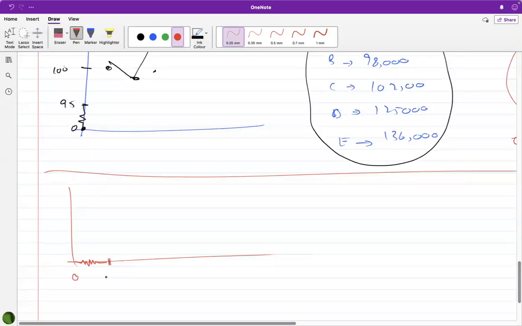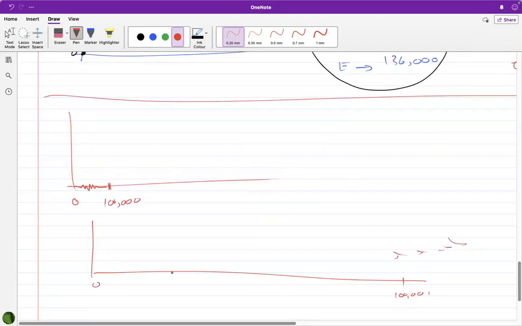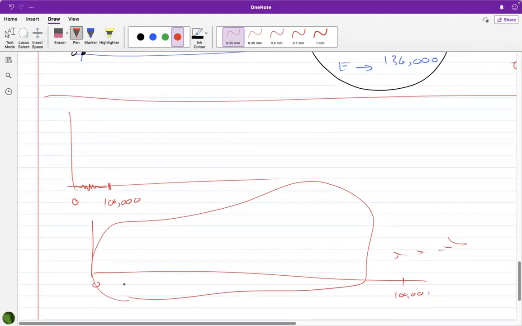This is 0, and we are starting from 100,000. Or else, this is 0, this is 100,000, and all the points are lying here. All this region is empty. So that is the main reason.